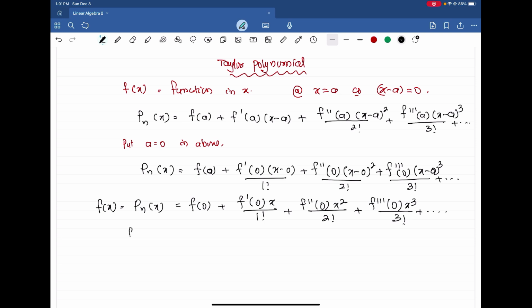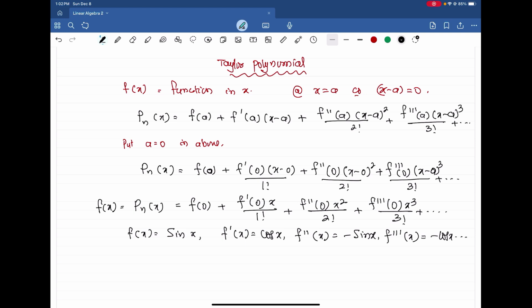Let us say function x is equal to sin x. Then what will be the value of function dash x? Cos x. Function double dash x is minus sin x. Function triple dash x is minus cos x, and so on.